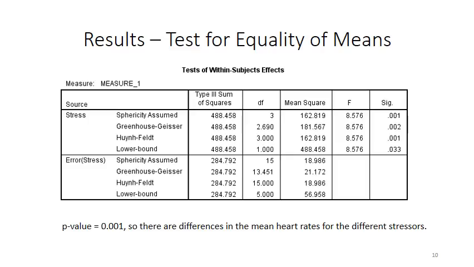The lower part gives the error sum of squares and the mean square error. In the upper portion of the chart, on the first line, we see the F ratio and the associated p-value of 0.001 for the test. So we conclude that there is a significant difference in mean heart rate for at least one of the stressors.